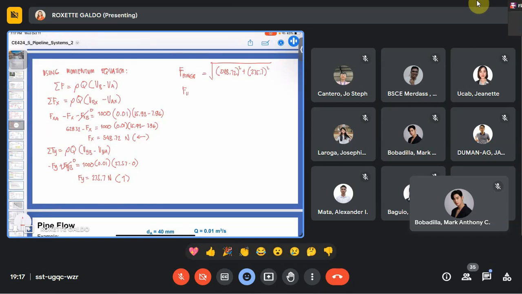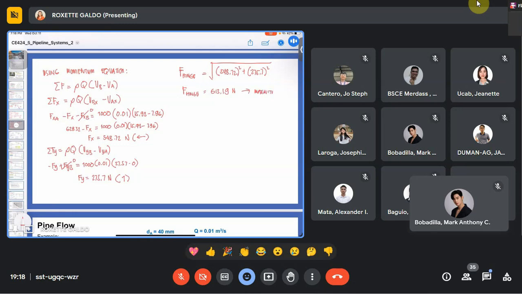So the force at the hinge is 613.19 Newton. So this is the magnitude of the force at the hinge.